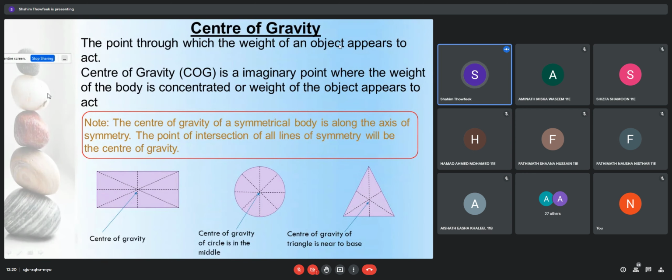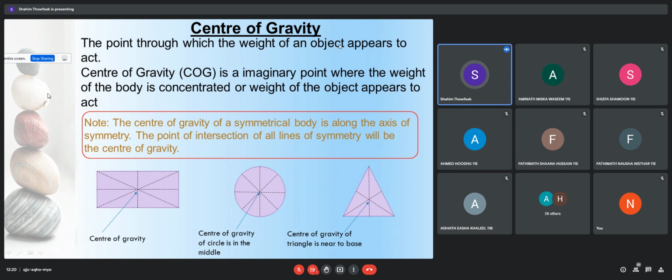From that point, we are considering the weight of the object is acting. That point is considered as the center of gravity of a rectangle or a cube. You can get an example.